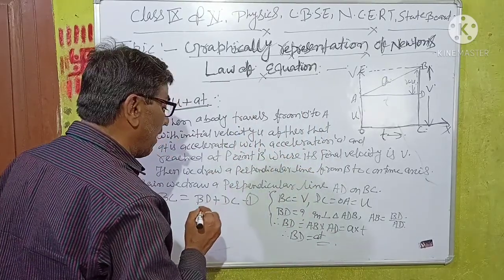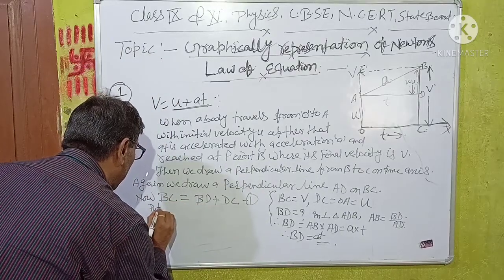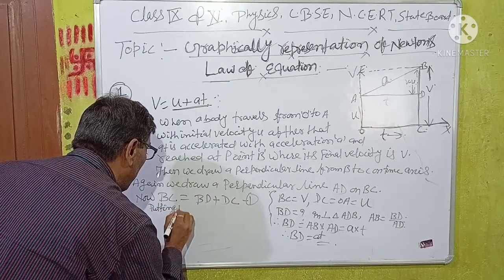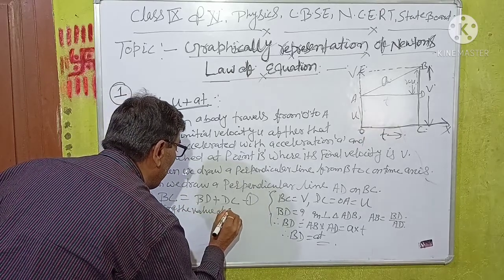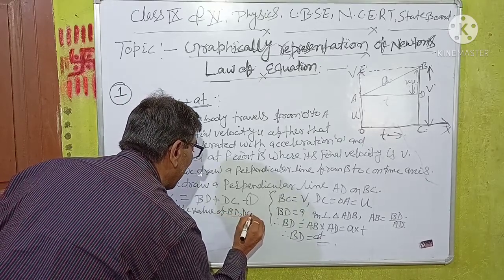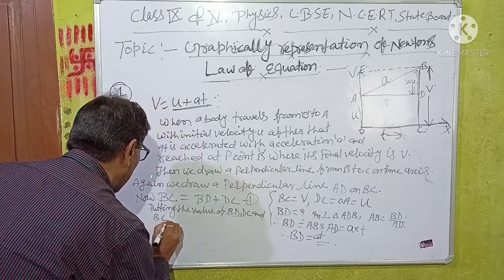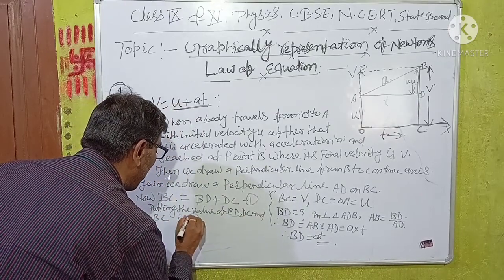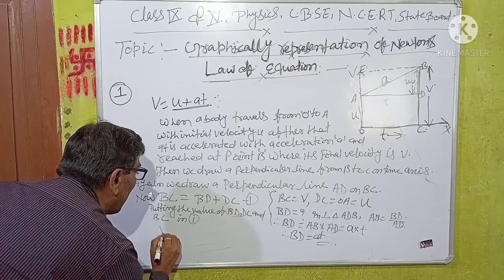Now putting the value of BD, DC and BC in equation first, then we get BC is equal to what?